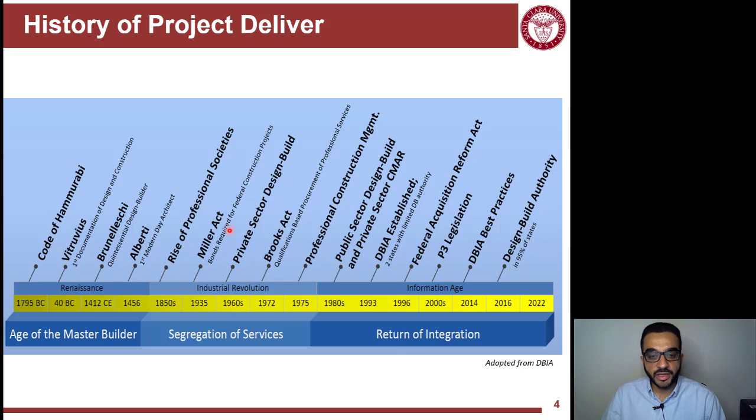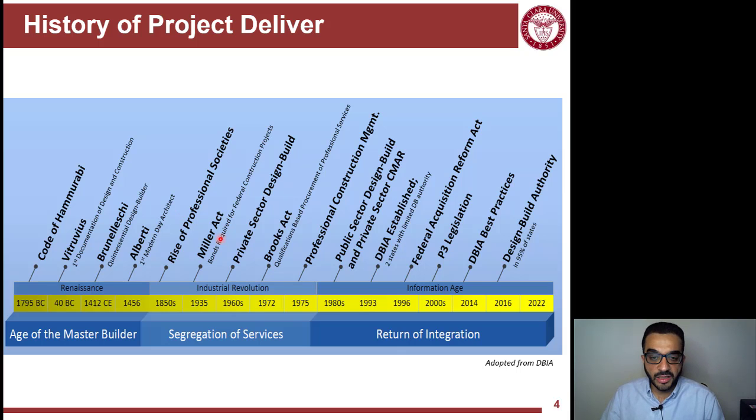And then we've seen the rise of professional societies. We're jumping a lot of years here, but in the 1800s, the American Society of Mechanical and Civil Engineers, all of these were created to maintain the quality of engineering services.